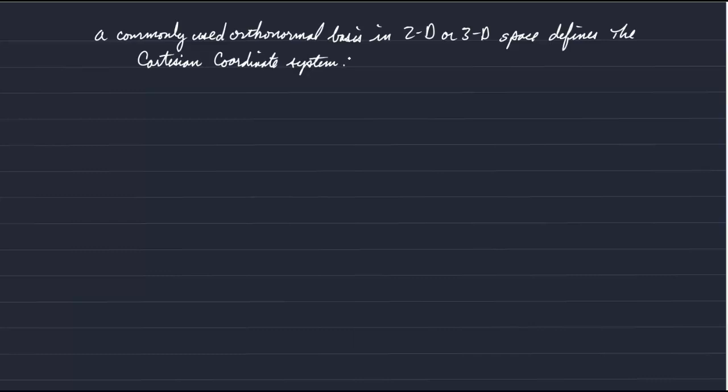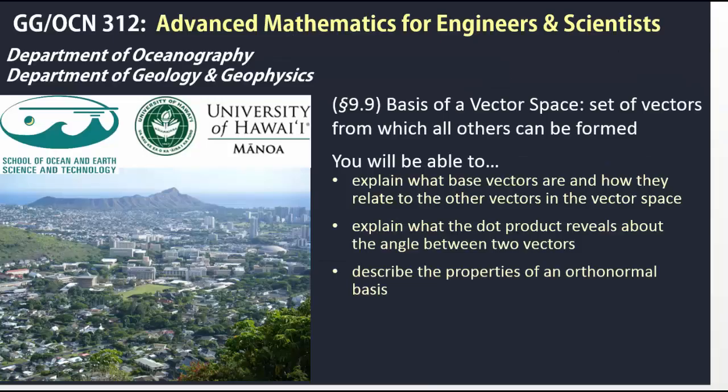And you've learned about the Cartesian coordinate system, and now you're learning that it is formed by an orthonormal basis. So you may have learned how to define vectors in terms of the unit vectors parallel to the x-axis, the y-axis, and z-axis, and that's an orthonormal basis. And we could equally describe those same unit vectors as E1 hat, E2 hat, and E3 hat. So that's a summary of the basis of a vector space, and this concludes this video.